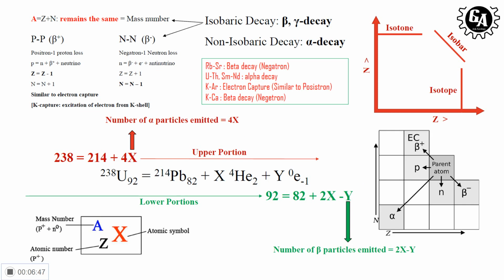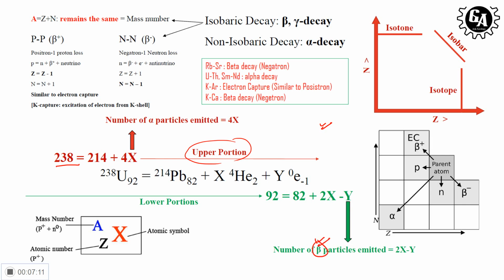Whatever I just described is basically written here. I will be explaining this slide again in a different session, but you just remember that you add up the upper part and add up the lower part. The number of x will give the number of alpha particles, and the number of y will give the number of beta particles.